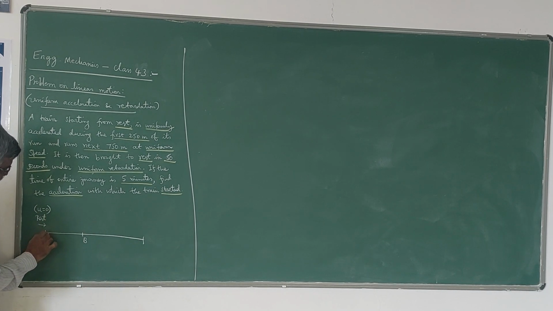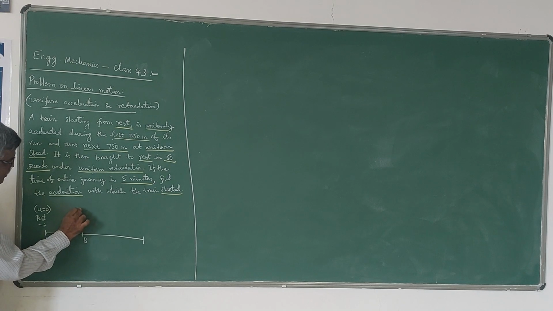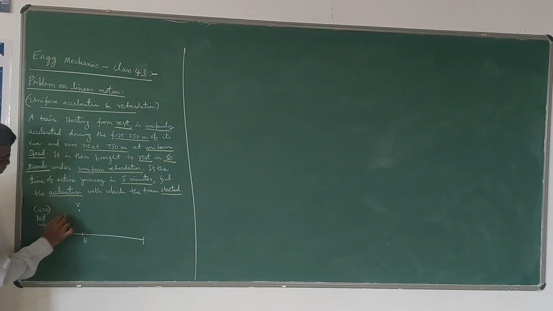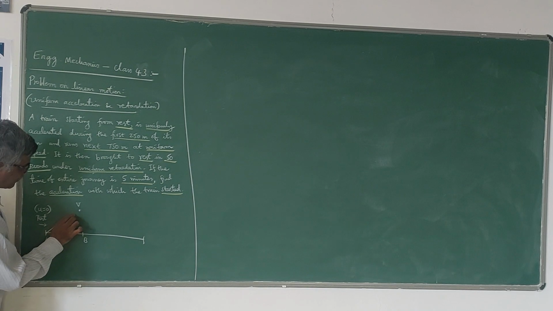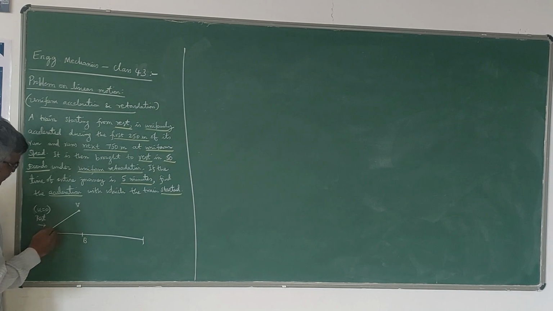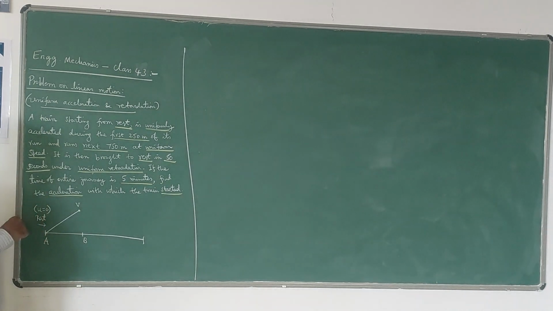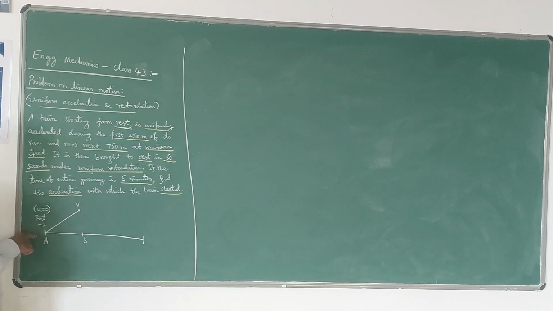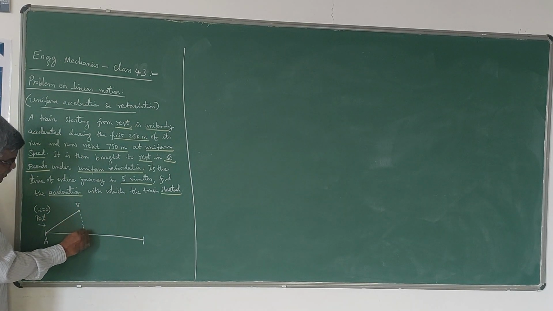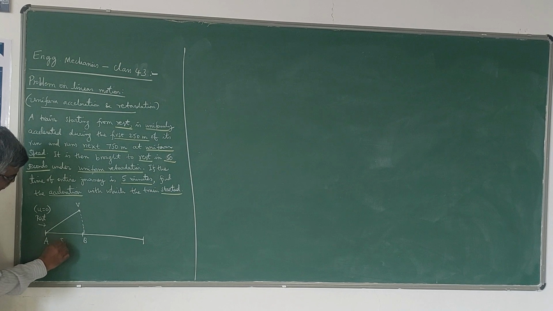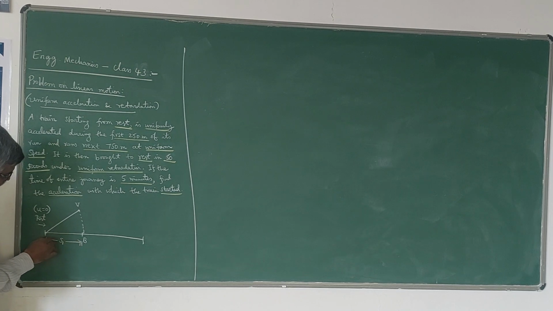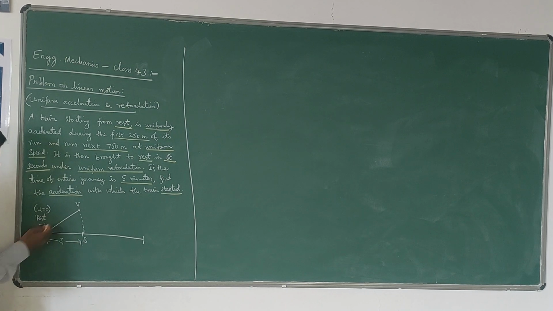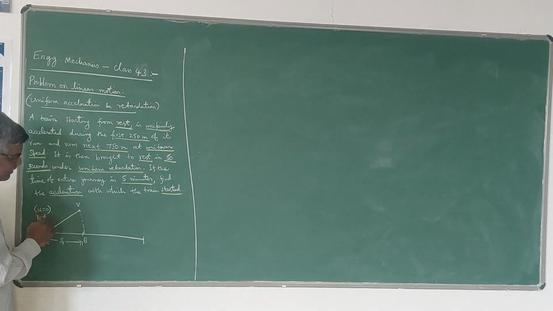Velocity is 0 here, it increases to some value here. Uniform acceleration means it is a straight line. So up to a certain distance, let us take this distance as S1, starting from rest up to distance S1, velocity increases to value V.